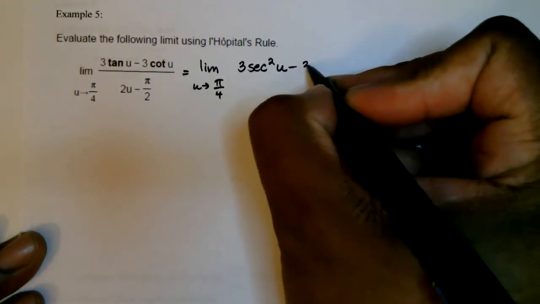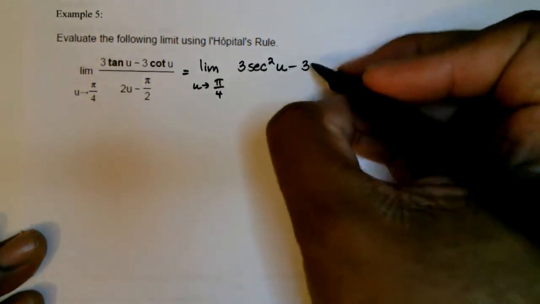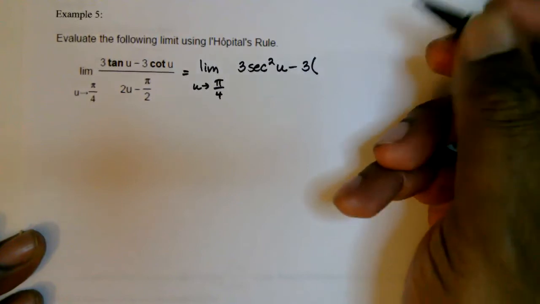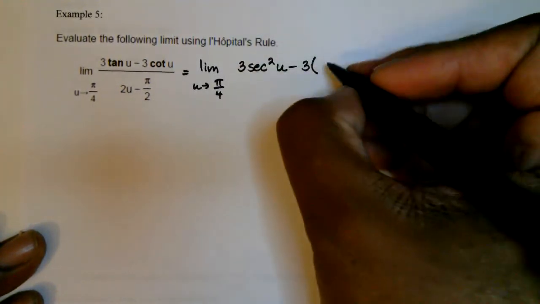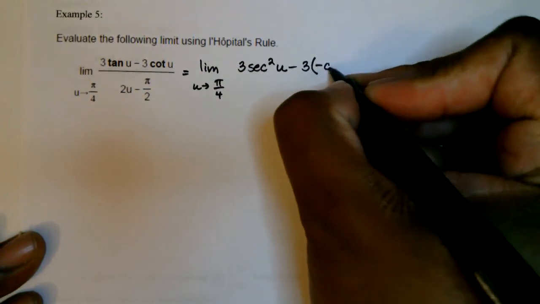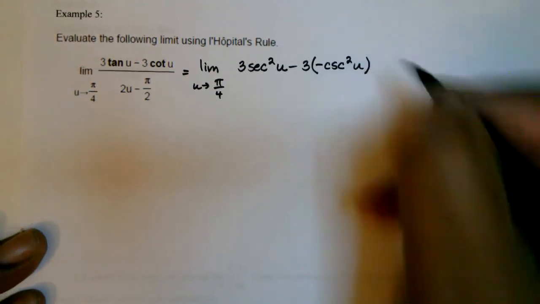And then minus 3 times, I need to take the derivative of the cotangent of u. Again, back to the derivatives of your trig functions, the derivative of the cotangent will be negative cosecant squared of u.